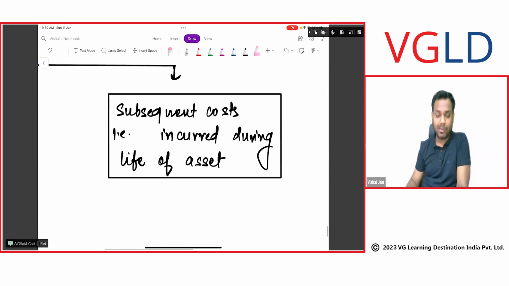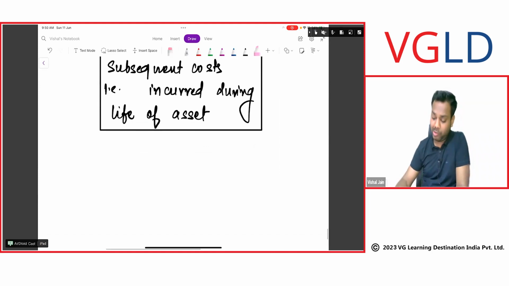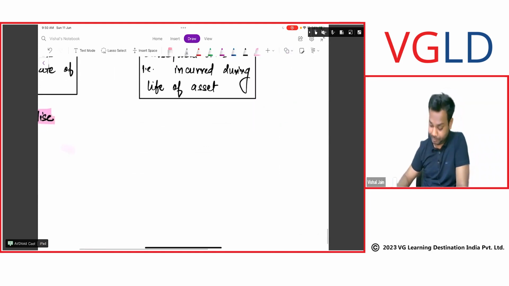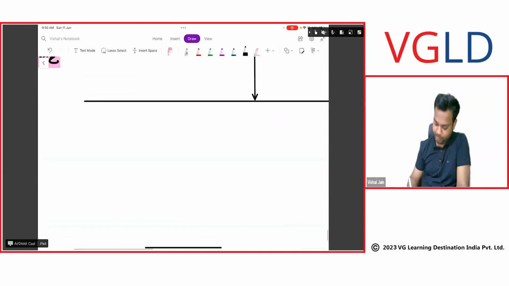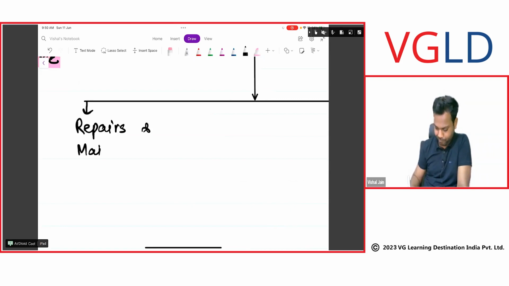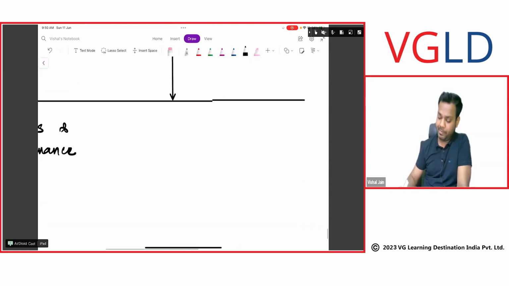Now my point of discussion is subsequent costs. Subsequent costs can be of multiple types. One is repairs and maintenance.